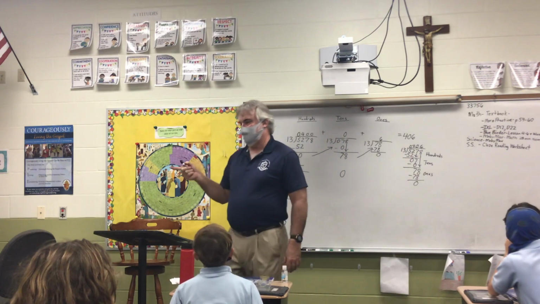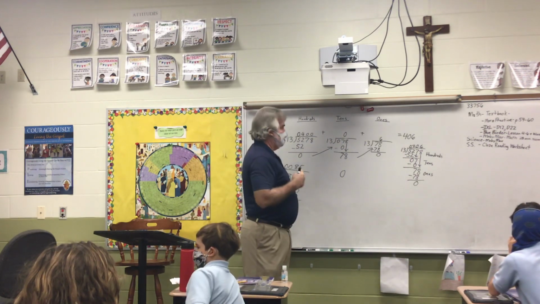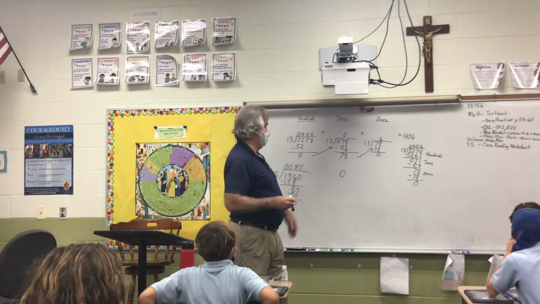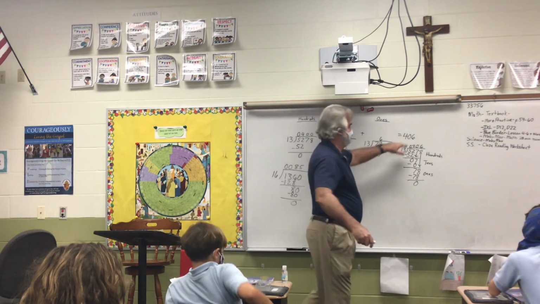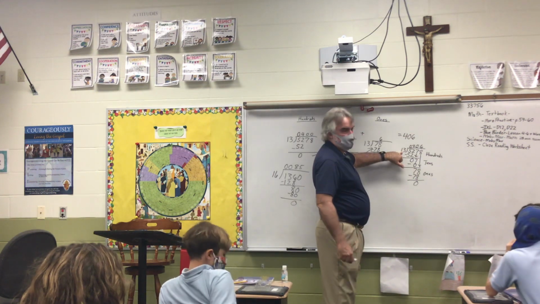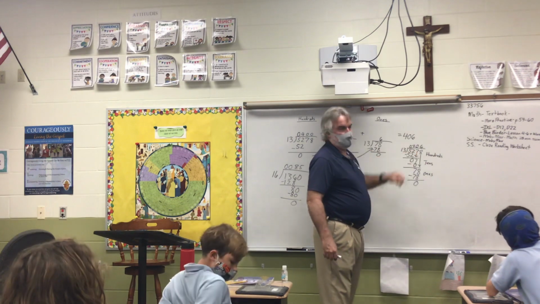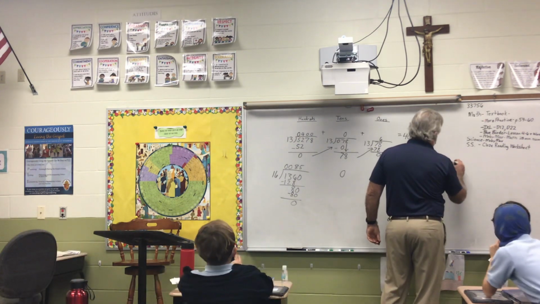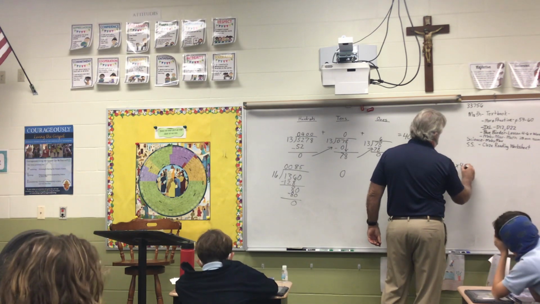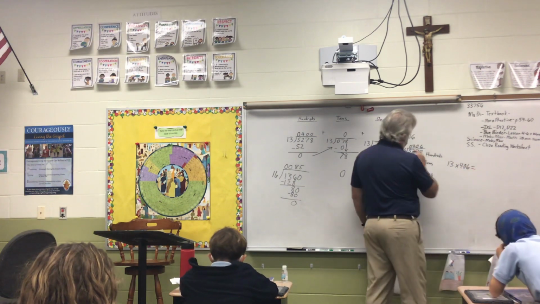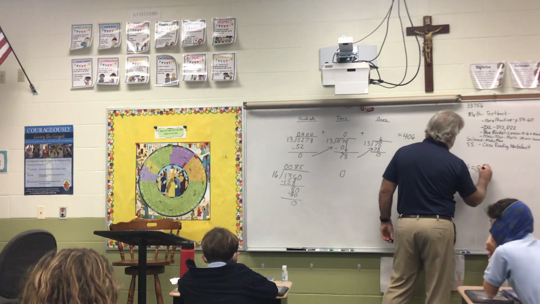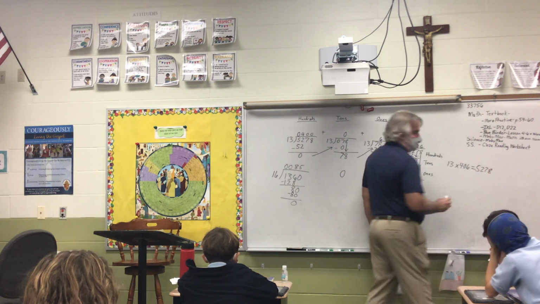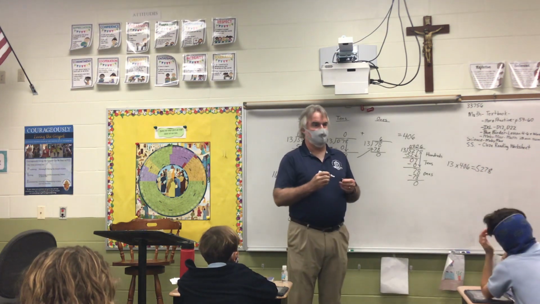Austin over here was saying that the way he checks it is you take the quotient times the divisor, and you should equal the dividend. So in other words, for this one, 13 times 406 should equal 5278 if you were to multiply it.